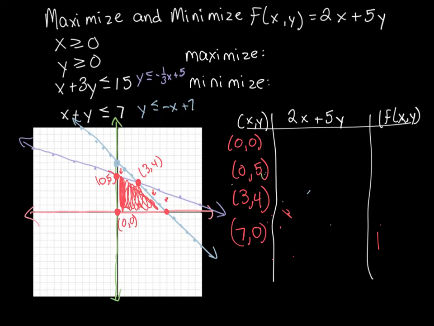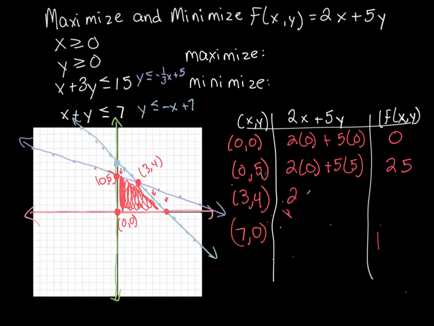And then we're going to plug each of these in to see what value that gives us. So when we do 0, 0, you have 2 times 0 plus 5 times 0, which would be 0. If we do 0, 5, you have 2 times 0 plus 5 times 5, which gives you 25.